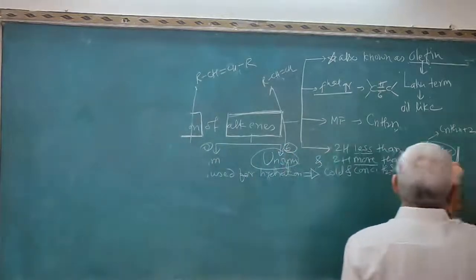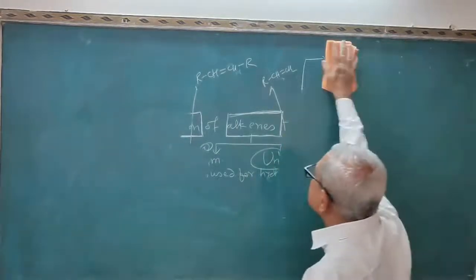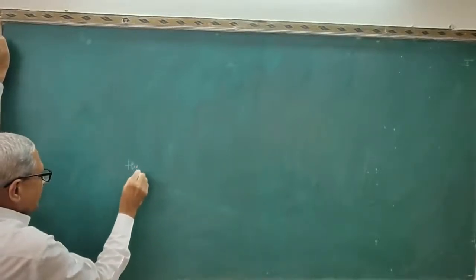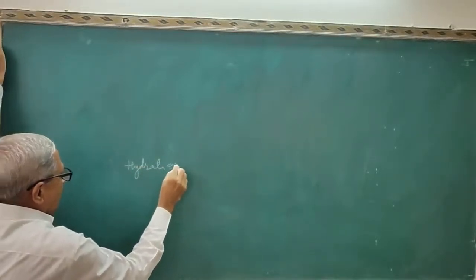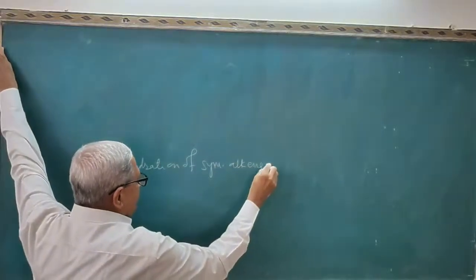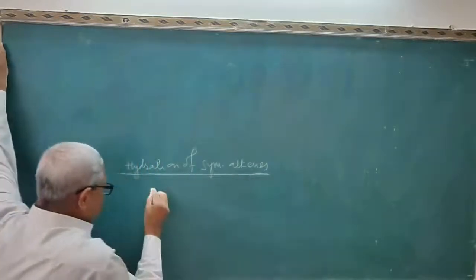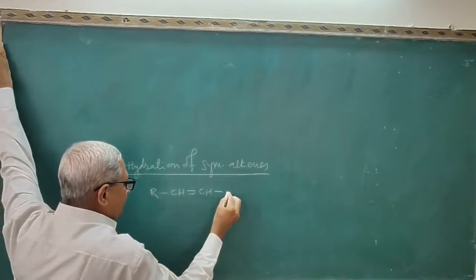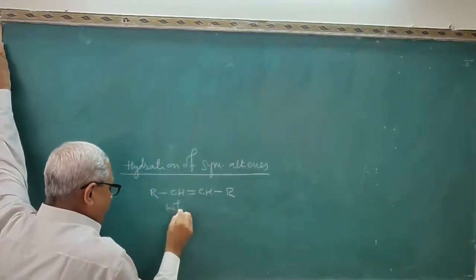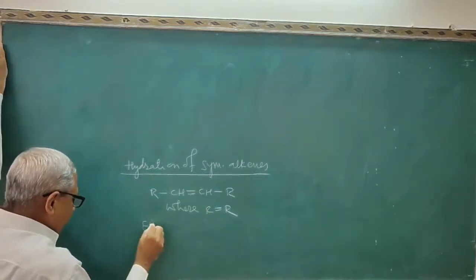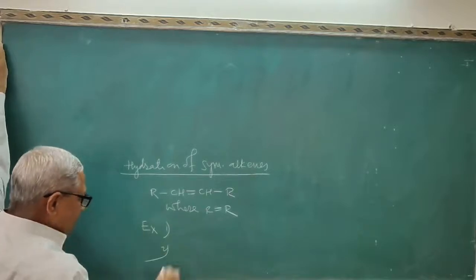Hydration of symmetrical alkenes. Symmetrical alkenes are represented by RCH=CHR, where R is equal to R. See the examples here, I will take one and two examples.